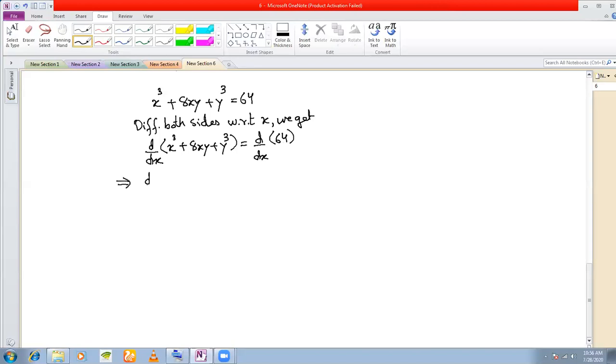That means d dx of x cube plus d dx of 8xy plus d dx of y cube must be equal to 0 because 64 is a constant. D dx of x cube is 3x square. Now 8 I can take out of the differentiation to get 8 d dx of xy.